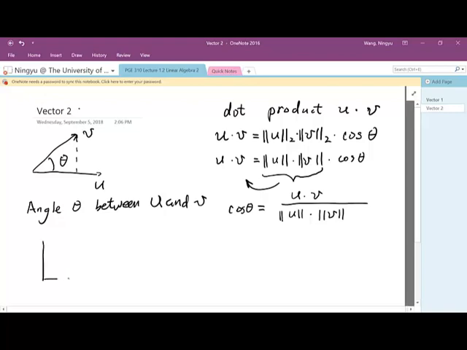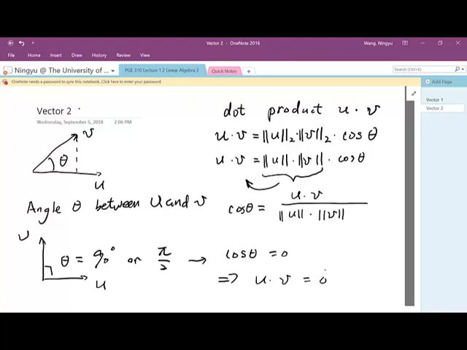So if theta equals 90 degrees, or half of pi, we have cosine theta equal to 0. Which means u dot v equals 0. This is the way we determine whether two vectors are perpendicular to each other. So if their dot product is 0, u is perpendicular to v.